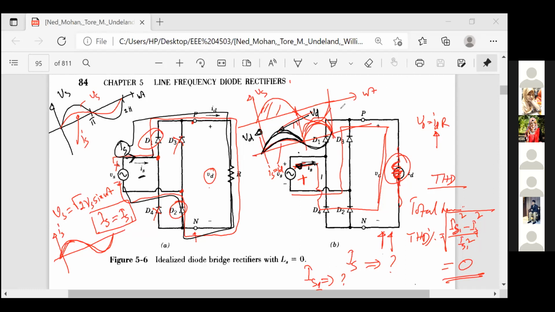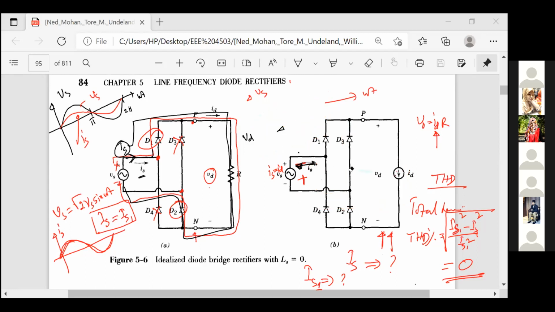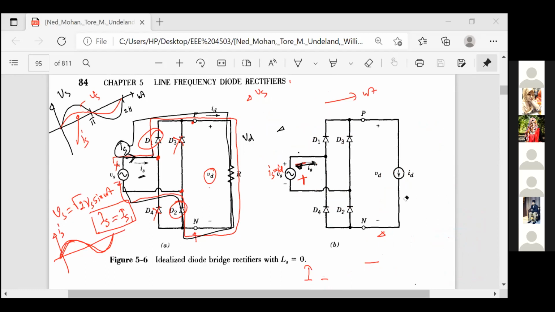So okay, let me define this one here, otherwise I will forget. The input power factor is defined as, did I do it or not? I forgot. In your previous year, do you know S and P? What is S from the power system?